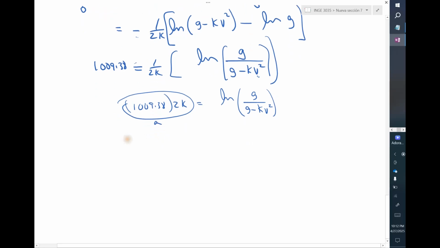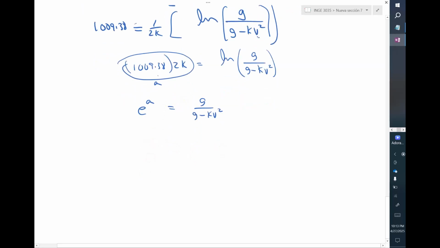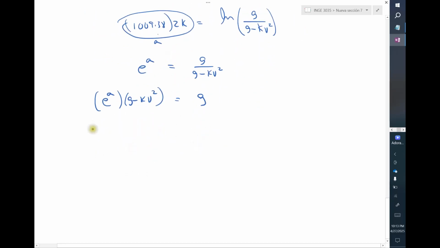So you take those two sides and raise them using the exponential. That means that e to the a is equal to g over g minus kv squared. Now e to the a times g minus kv squared equal g. So we get g times e to the a minus e to the a kv squared equal g.